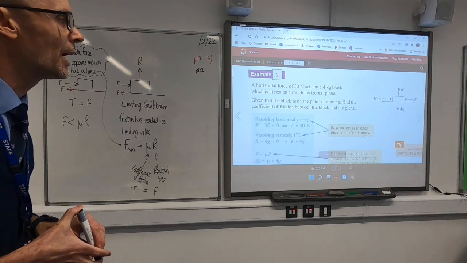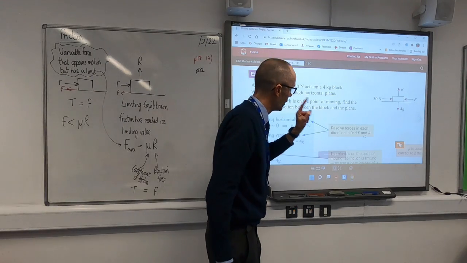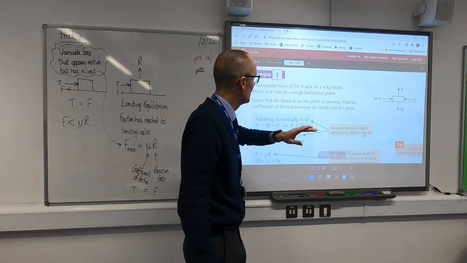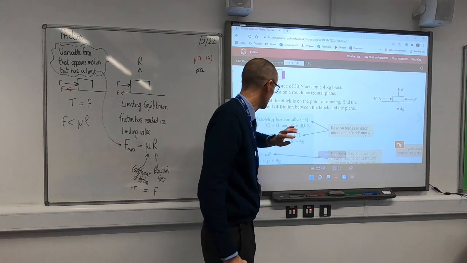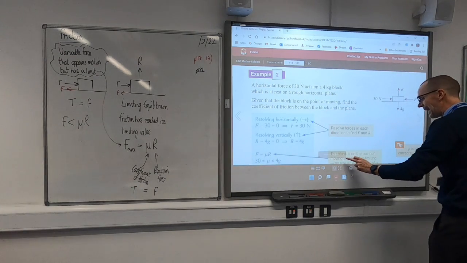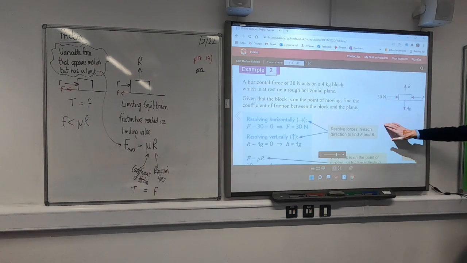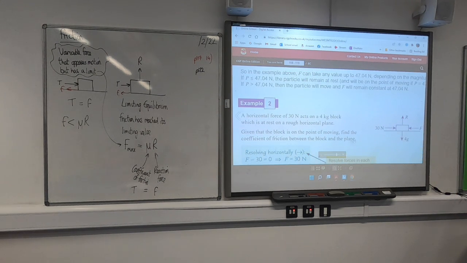Okay, so here we've got a force acting on a block, not on a slope, and it's on the point of moving. So we are at that point of limiting friction where F has reached its maximum value of mu R, and we're asked to find the coefficient of friction in this case.